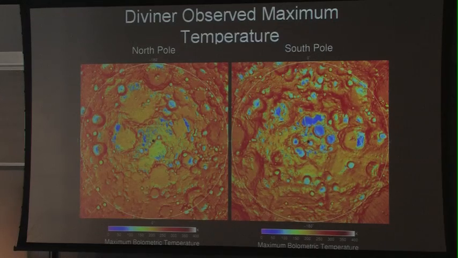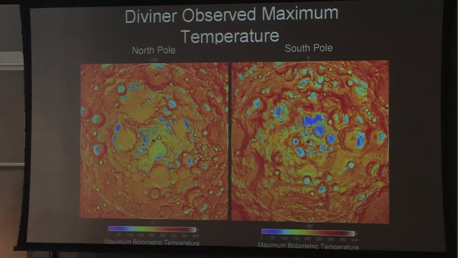The first set shows the annual maximum temperatures in the polar regions. And you can see here that there's quite a wide range. The obliquity of the moon is rather low. The seasonal variations are just confined to the region within about 1.5 degrees of the pole.